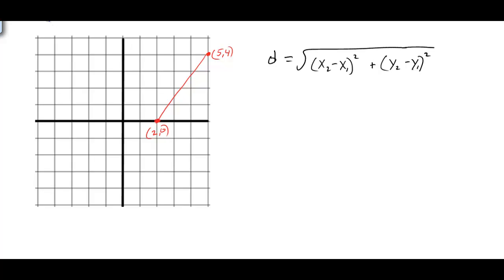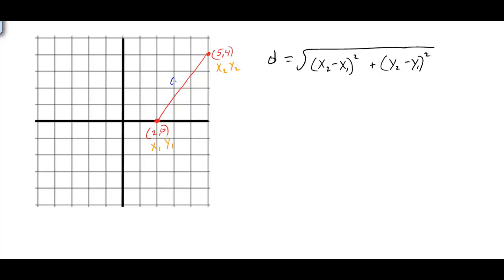So here, again, we can label, and it doesn't matter which one we call x1, y1, or x2, y2. The one here at the bottom, I'm just going to label as x1, y1. We certainly could have called it x2, y2. And up here, I'm going to call this one x2, y2.